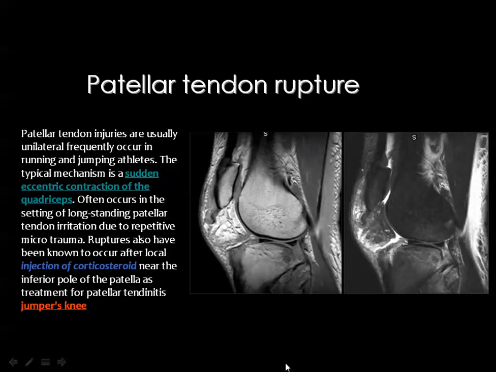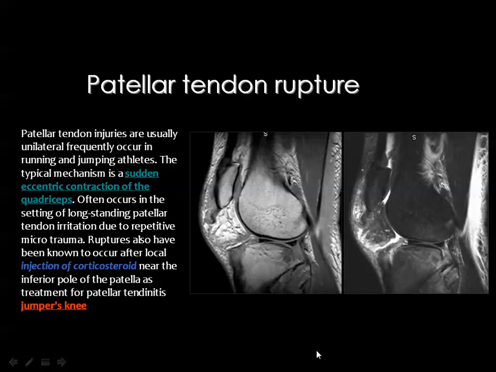And here is an example of patellar tendon rupture in this particular area, and you can see the wavy and lax appearance, or you may say retraction of the tendon, and the presence of fluid signal at the site of the rupture, as well as bone marrow edema near the area.